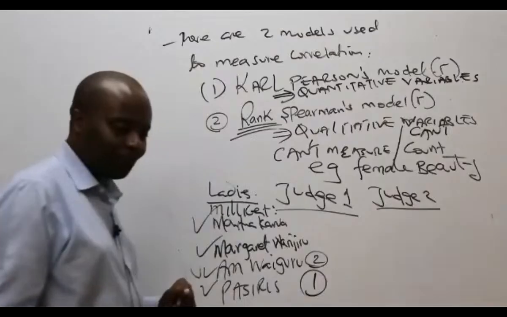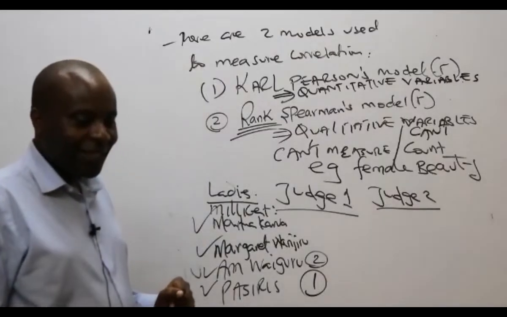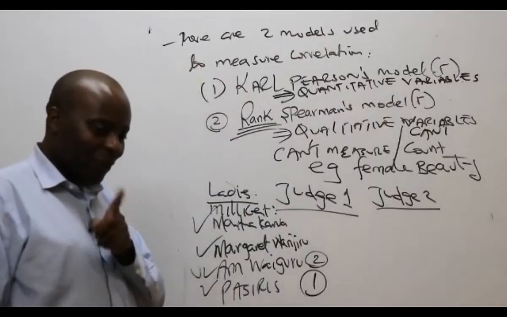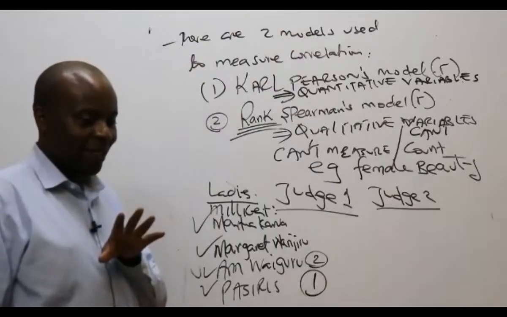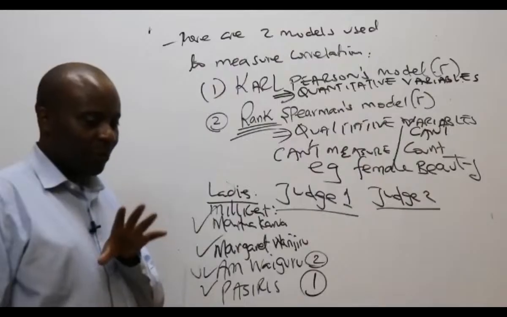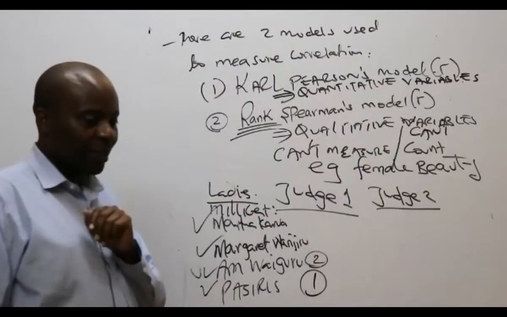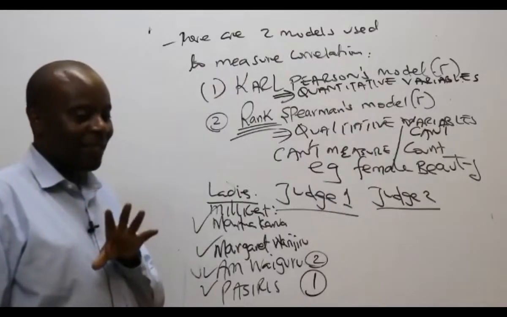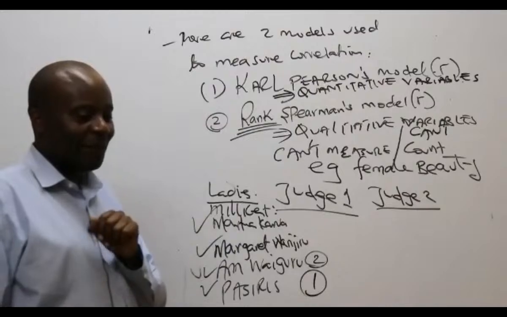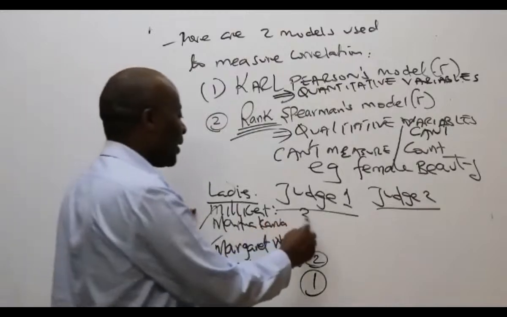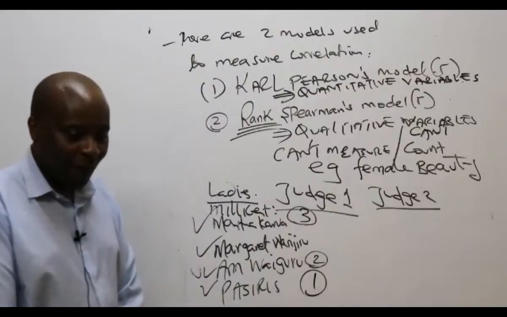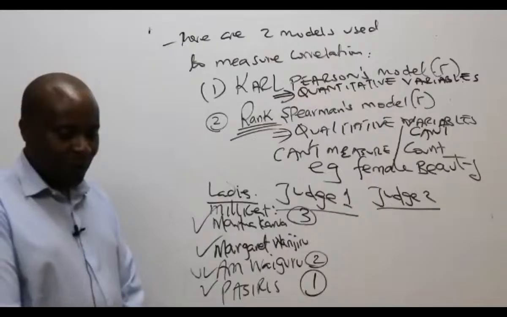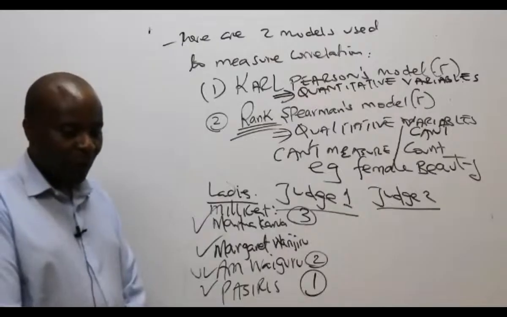Number 3. James, wewe sijakupatia kazi. James, sijakupea kazi. Sijakupatia kazi. Ni watu wawili nimepatia kazi. Gibson, bado niko kwako Gibson. Number 3 nani? Number 3 nani Gibson? Number 3 nani? Millicent. Number 3 Millicent, number 3. Number 4. Number 4.